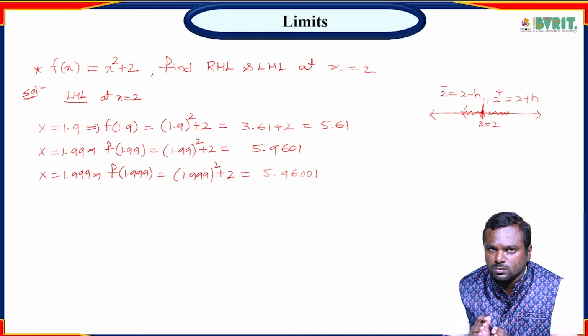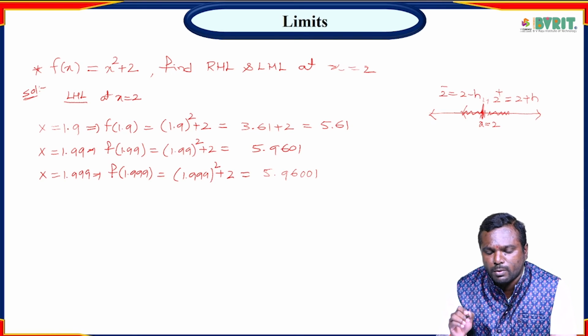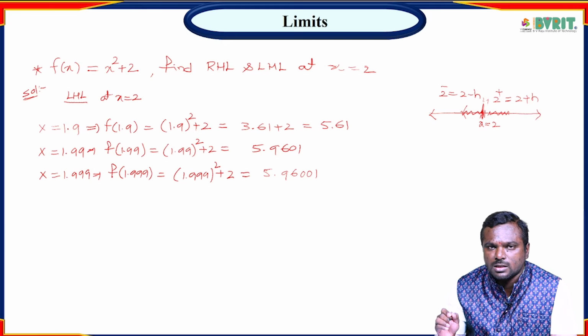Now observe here, from the left side, that is the left hand limit, the x value is exactly not equal to 2. I am not taking exactly x equal to 2. The x values I am taking are 1.9, 1.99, 1.999 and so on.